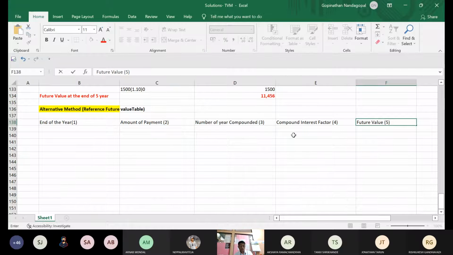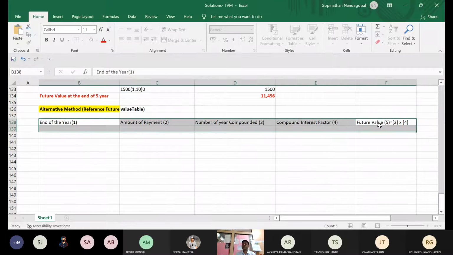Using the table, sir. Amount of payment into the compound interest factor. Am I right? Yes, sir. So that is 5 is equal to 2 into 4. This will make for better understanding.